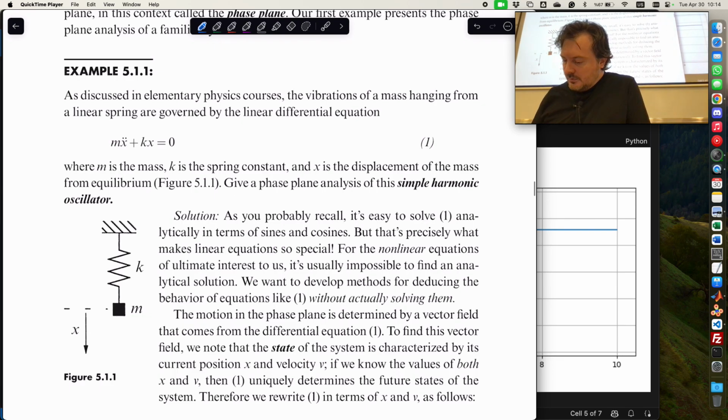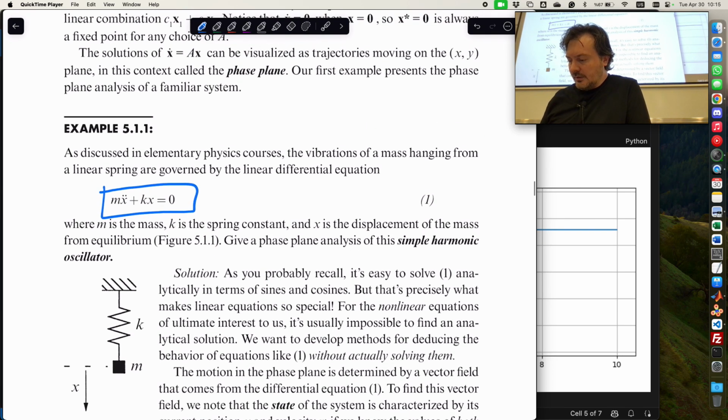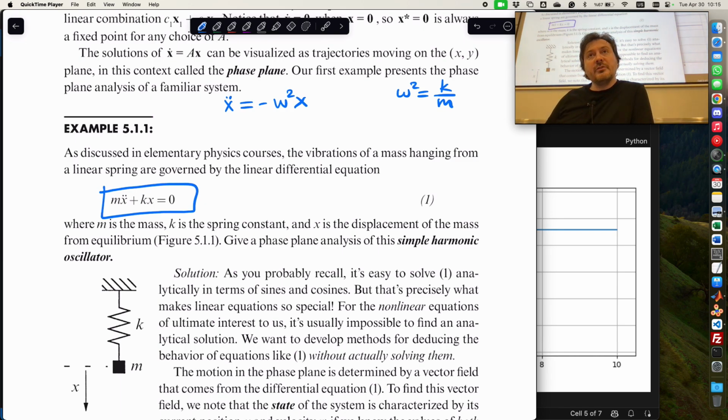For example, harmonic oscillator. Let's write down the harmonic oscillator in that sense. So what do we have here? X double dot equals minus omega squared x, where omega squared is not a square root. It's just k over m. Do you have any objection to this?